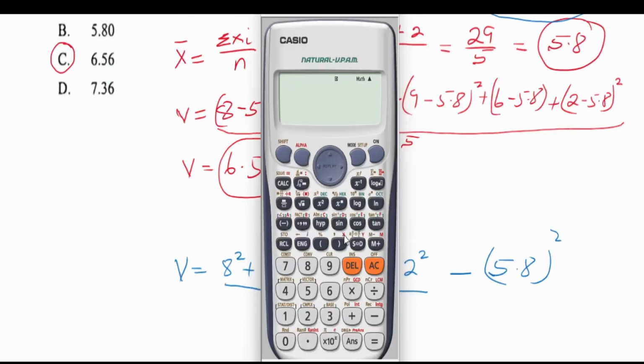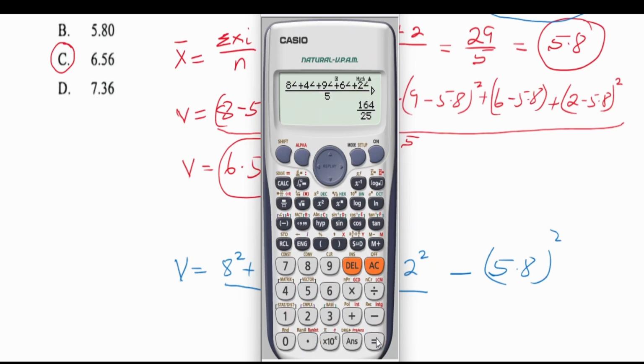With my calculator on, I need to first start with the fraction sign. Then I have 8 squared plus 4 squared plus 9 squared plus 6 squared plus 2 squared, all divided by 5. Then with the front arrow key to have the minus 5.8 squared.